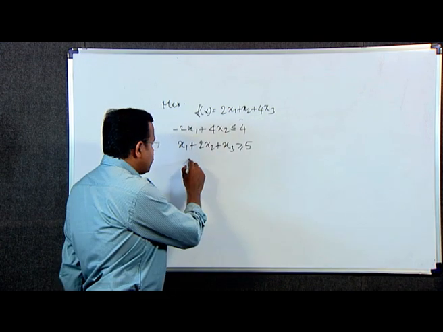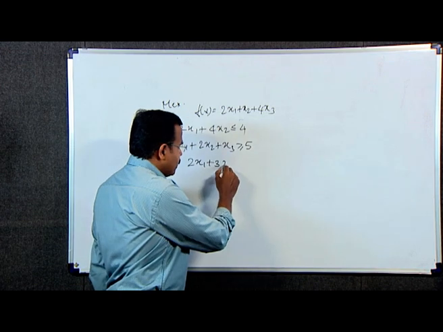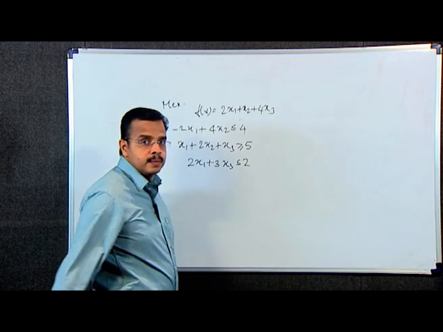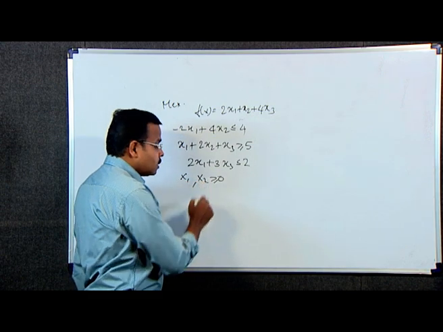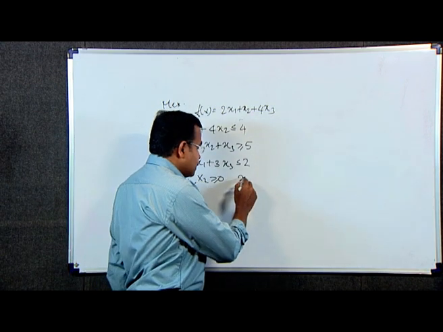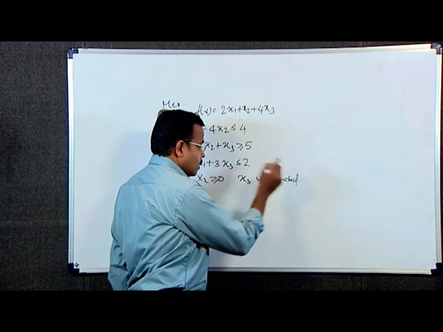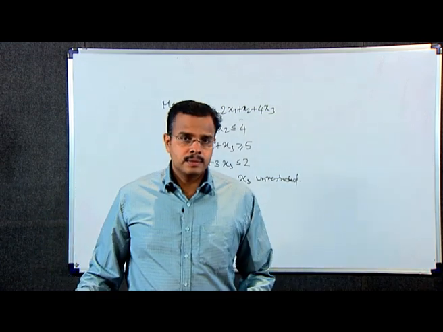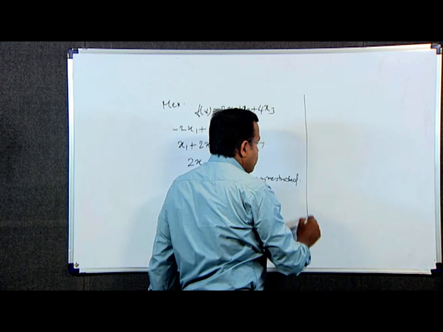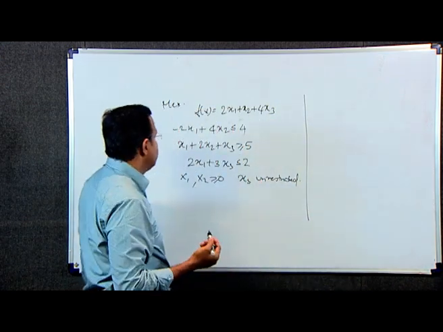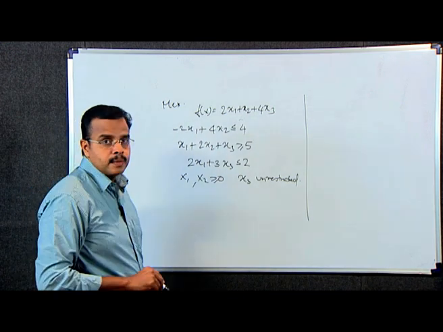Next, 2x1 plus 3x3 less than or equal to 2, and x1, x2 greater than or equal to 0, but x3 is unrestricted. We can see how this problem can be written into its standard form.